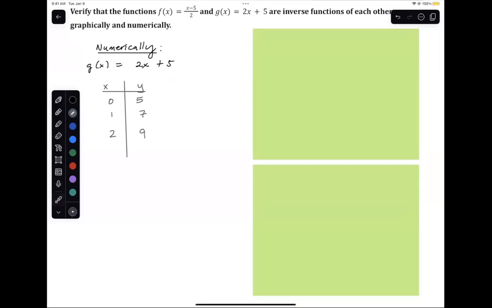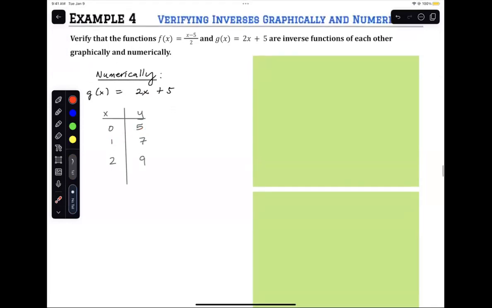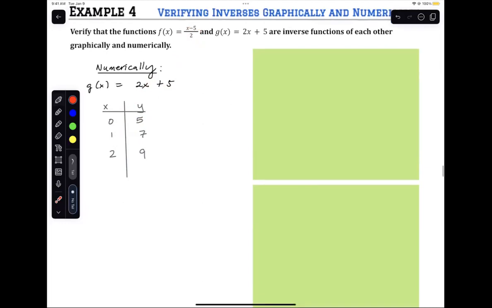Okay, now we're going to test to see if the inputs and outputs are actually switched. These are the outputs for g, so if I plug these numbers into f, the outputs should be the inputs of g. In other words, (5, 0) should be a point for f, (7, 1) should be a point for f, and so on. So let's try it.